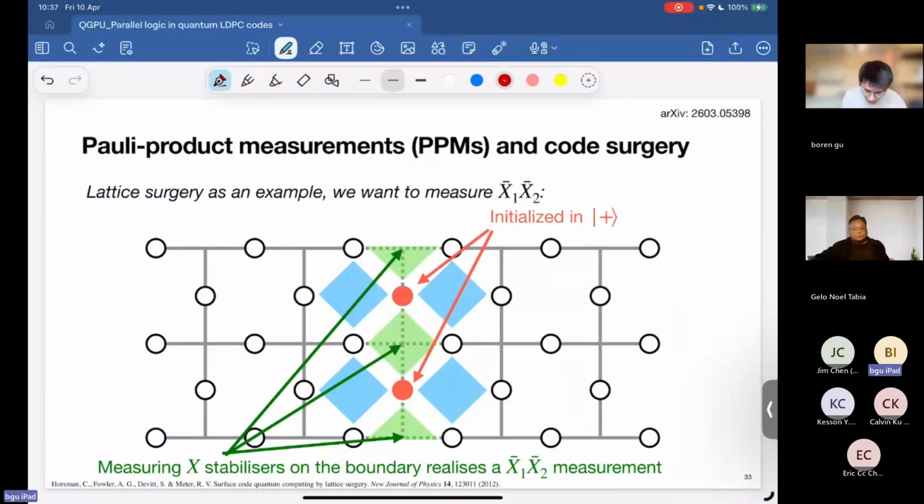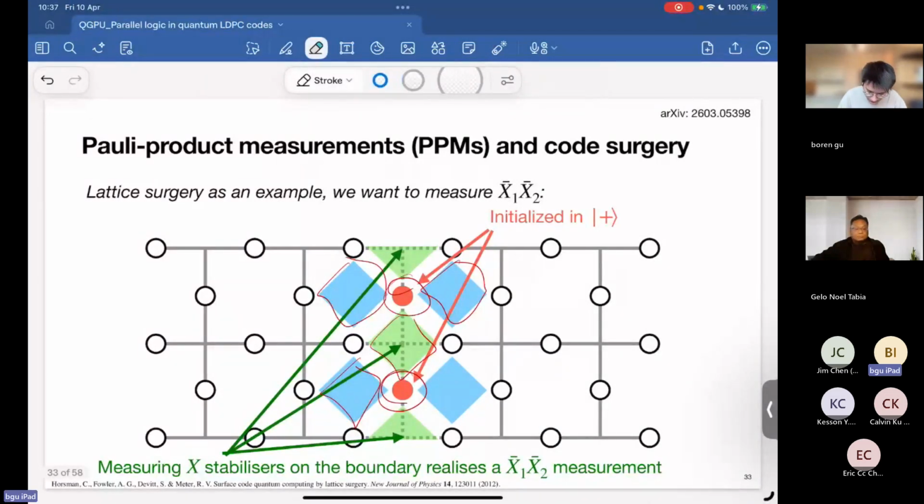We just initialize two extra physical qubits in the middle as the auxiliary system. And we do some extra checks on the boundaries, in both types. So you see we have new Z stabilizers and new X stabilizers.